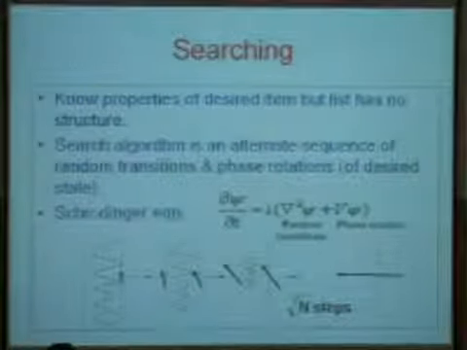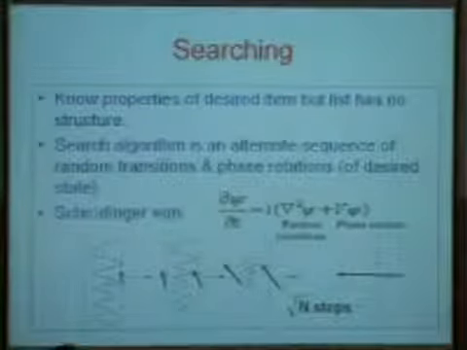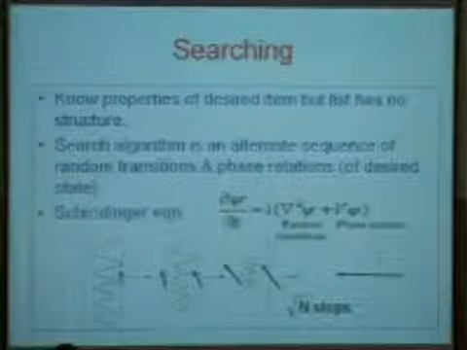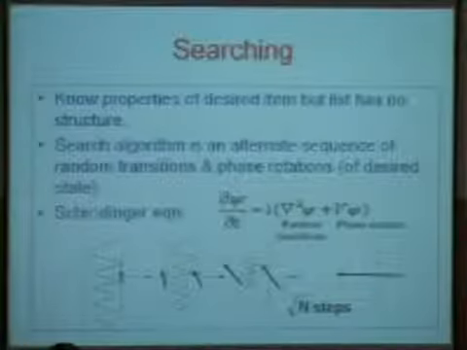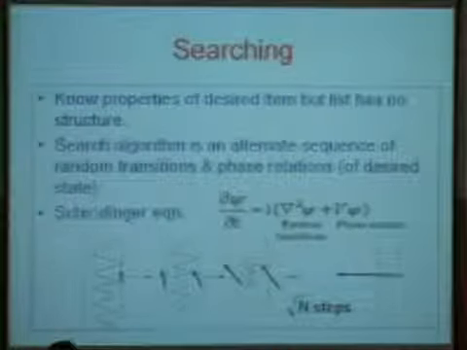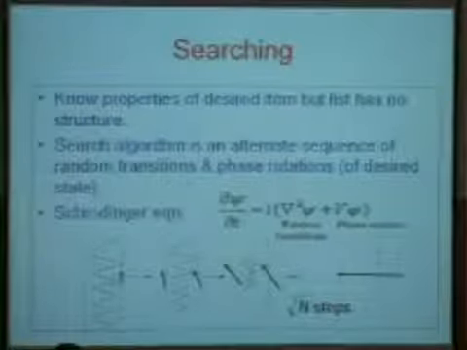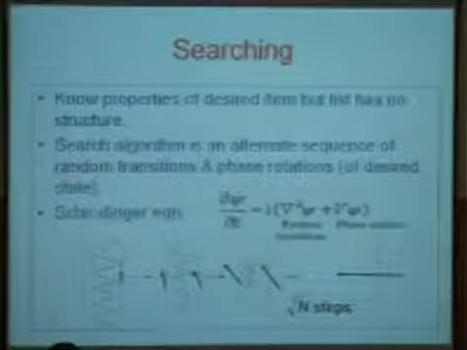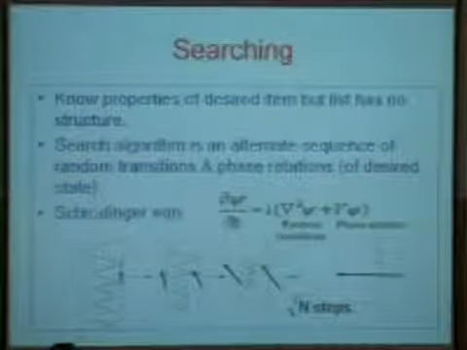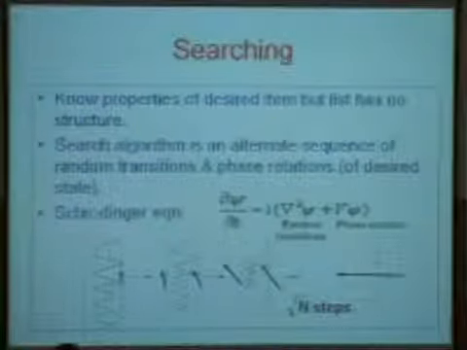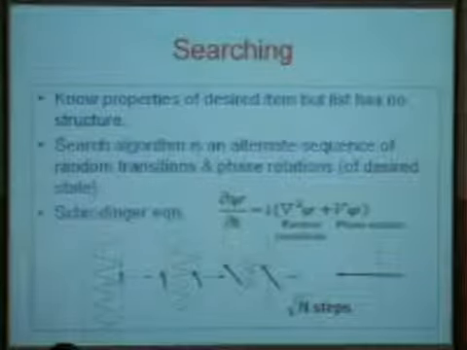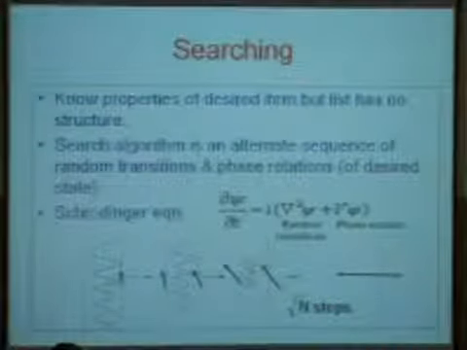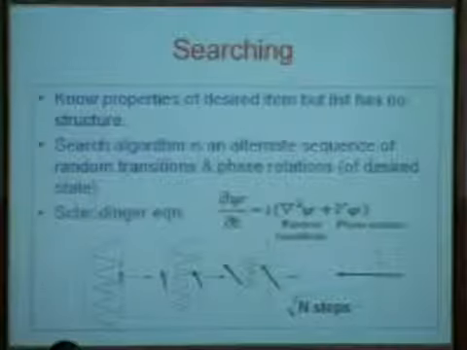This del psi by del t, when you have i multiplied by a real number times the amplitude, it is a phase rotation, while this thing is a random transition. So it is a combination of random transitions plus phase rotations. And the phase rotations are equivalent to a potential. This is something Schrodinger realized a long time ago.